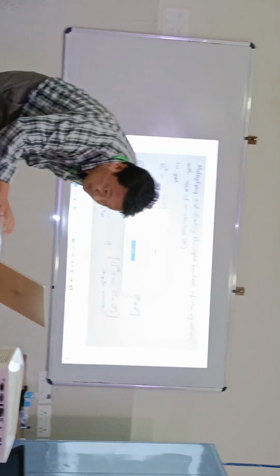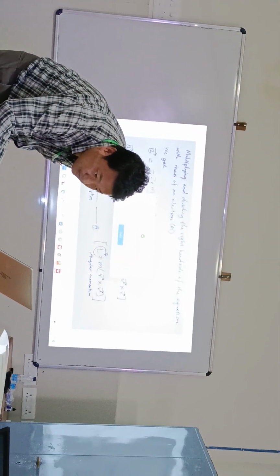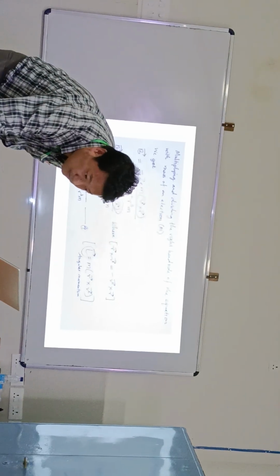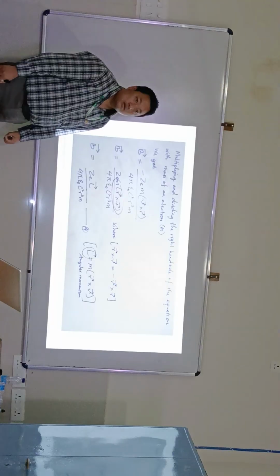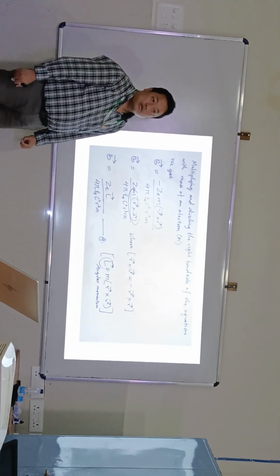Mu naught is the permeability of free space, and epsilon naught is the permittivity.